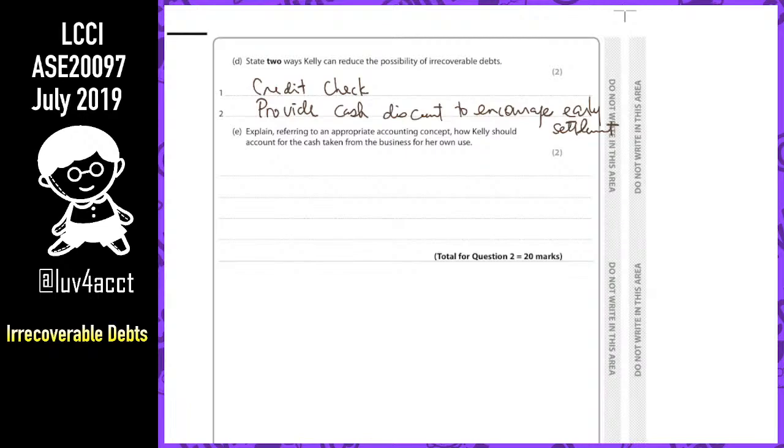Next, explain, referring to an appropriate accounting concept, how Kelly should account for the cash taken from business for her own use. So this is, of course, the business entity concept.